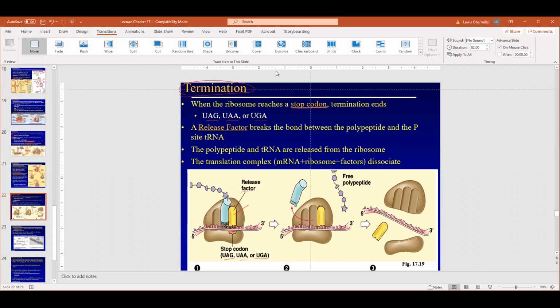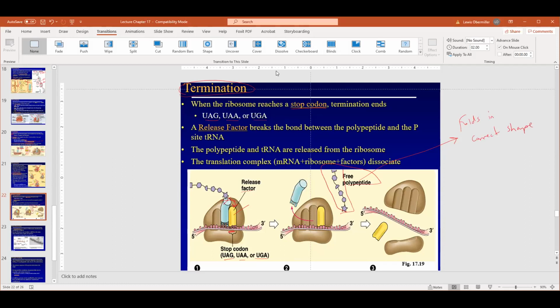Once that release factor is in place, there's no way to transfer this growing amino acid chain to here. So when it clips this off, it can't add it to anything else. And so it just gets released. So that protein gets released, and we learned in chapter 5 that it goes off and it folds into its correct shape.